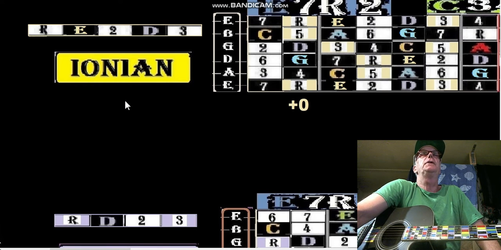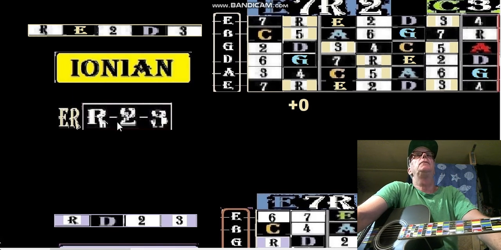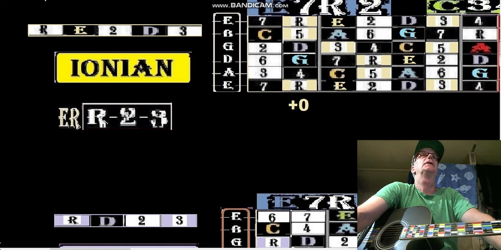That's Ionian. So that would be the E root pattern there from our little chart.